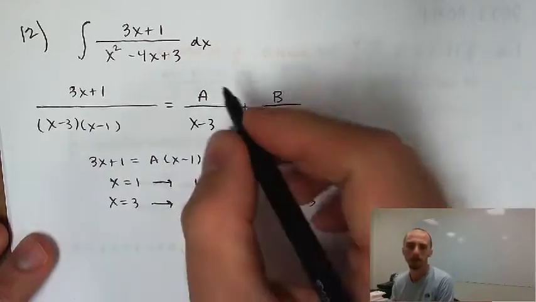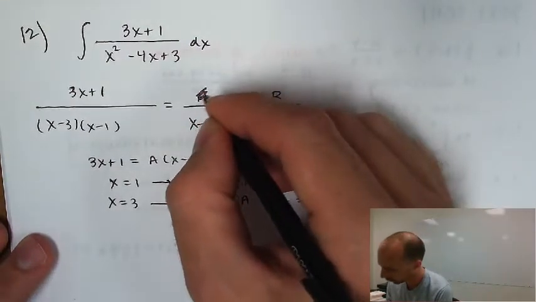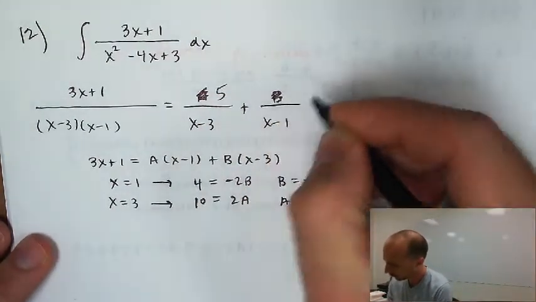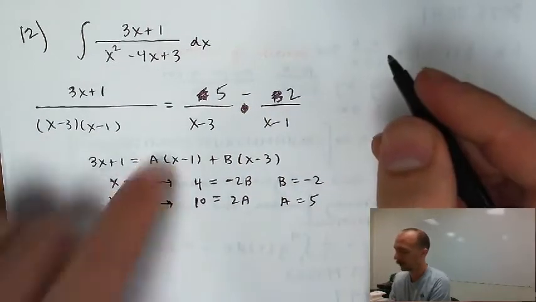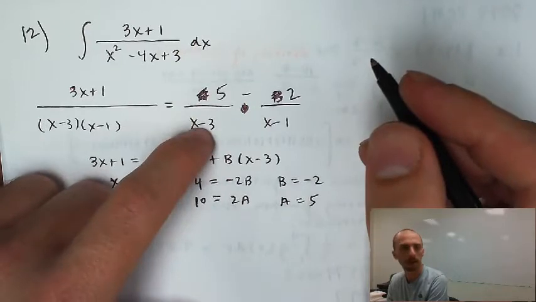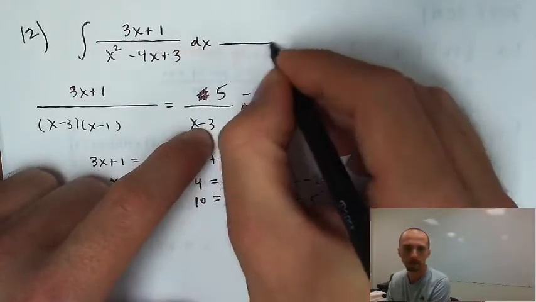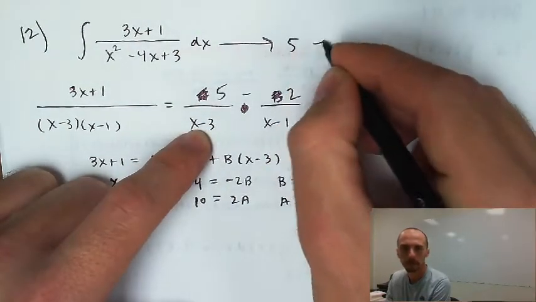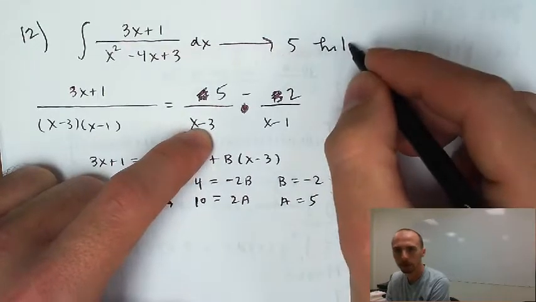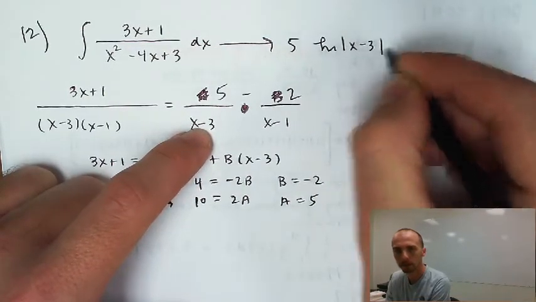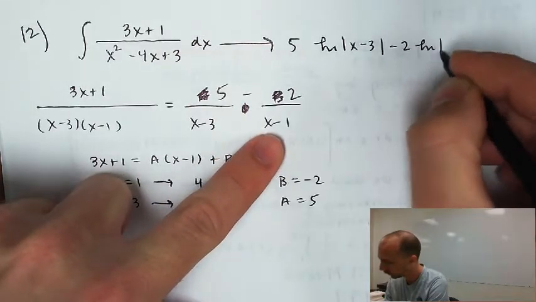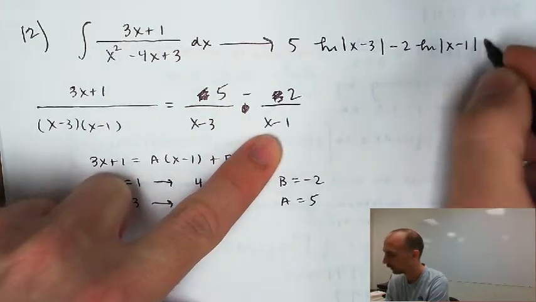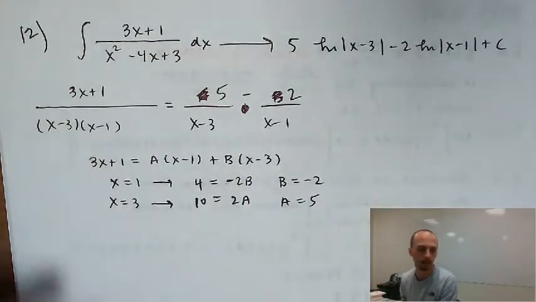So I'm going to go right back up here and scratch those in. So maybe I'll say minus 2. When I anti-differentiate this, I'll have 5 logs of the absolute value of x minus 3 minus 2 logs of the absolute value of x minus 1 plus c. It's an indefinite integral.